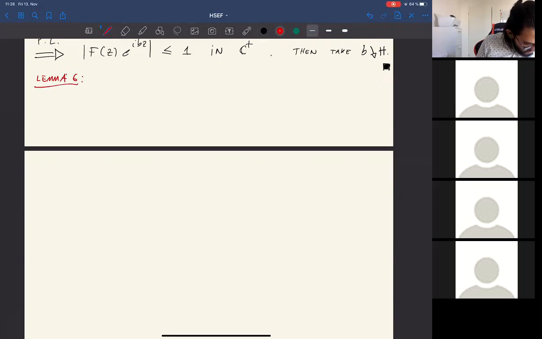And lemma 6 would be more like a reading exercise. Just state it and give an idea of the proof.